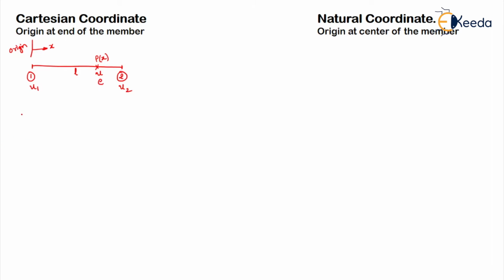The strain at any point P of x is given by E equal to dou U by dou x, because this is a bar element. Now we know U for a two noded element is N1 U1 plus N2 U2.